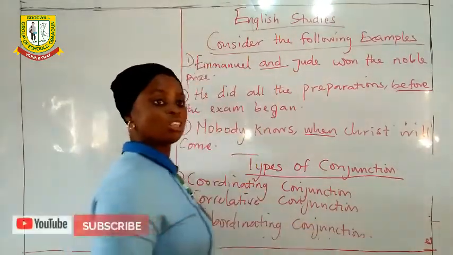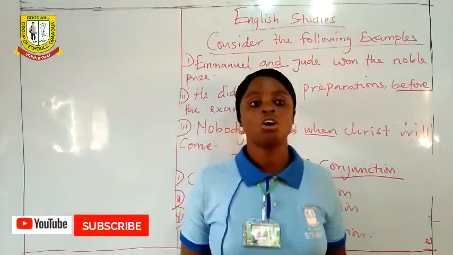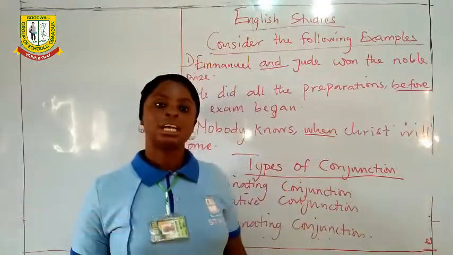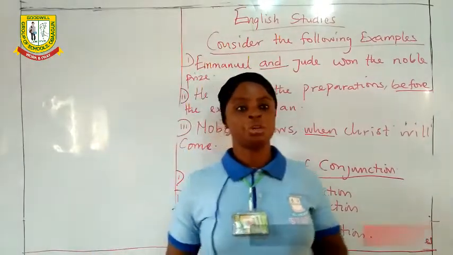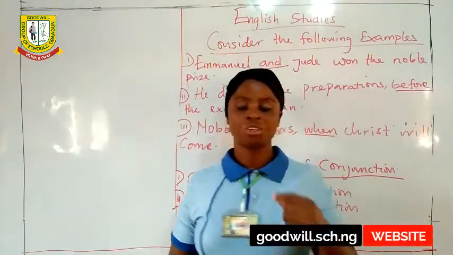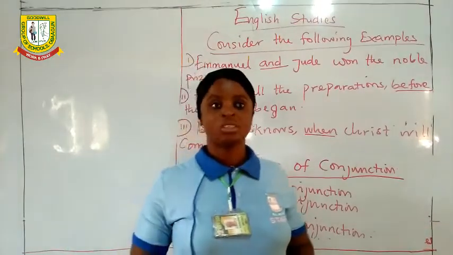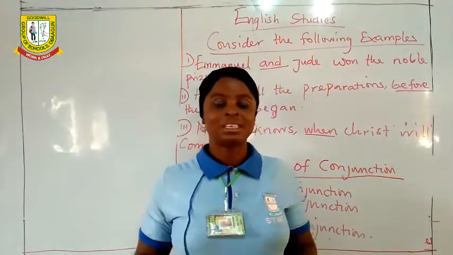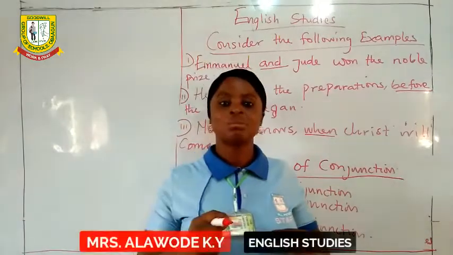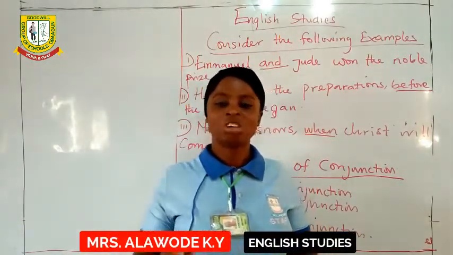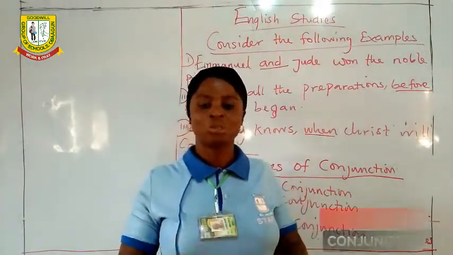So, coordinating conjunction is a type of conjunction that joins a word to a word, a phrase to a phrase, and a clause to a clause. And the sentence elements that the conjunction is joining must be the same.